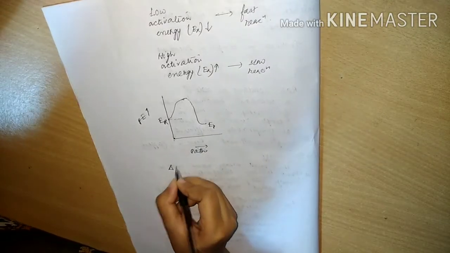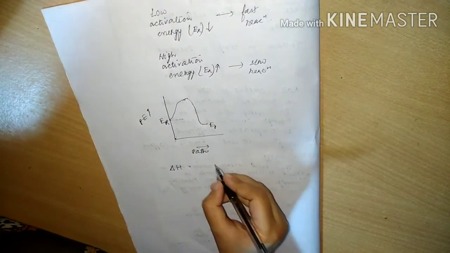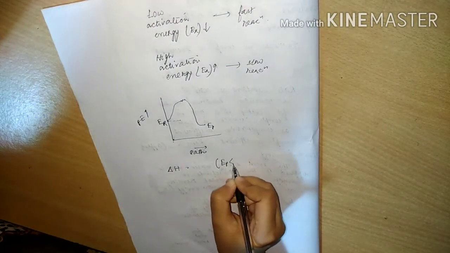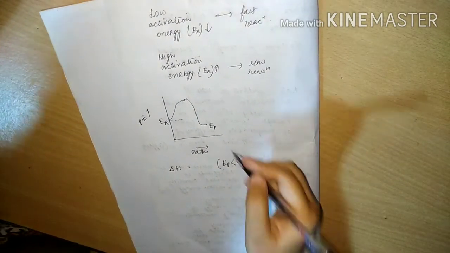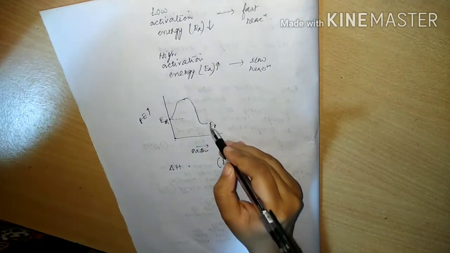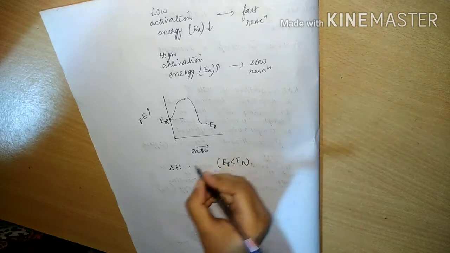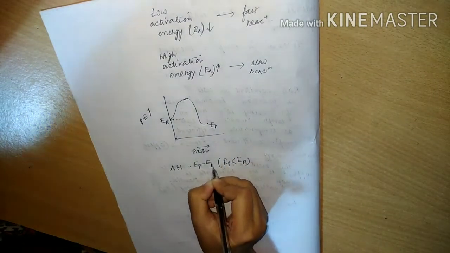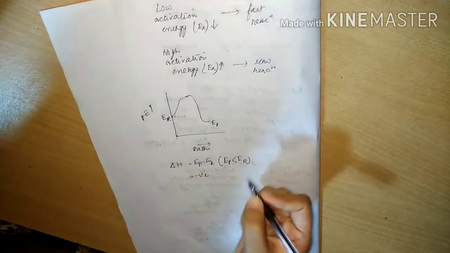So I know del H. First let me show you. Del H equals, if EP is less than ER. Here from the graph I can see that ER is greater and EP is lower. We know product minus reactant, EP minus ER, so the answer will be negative.